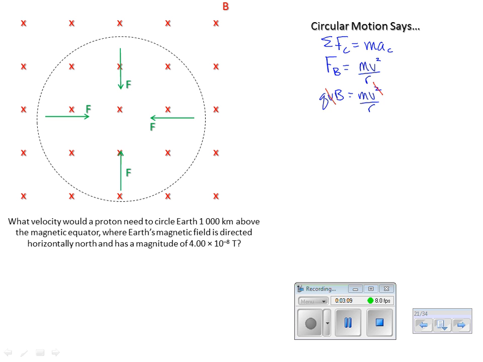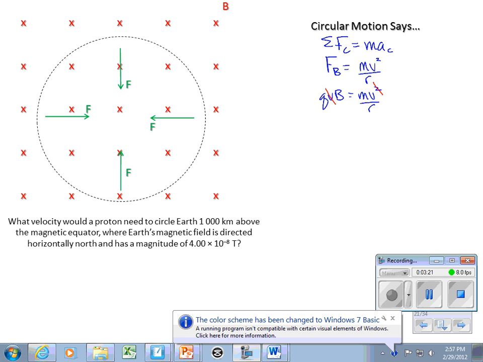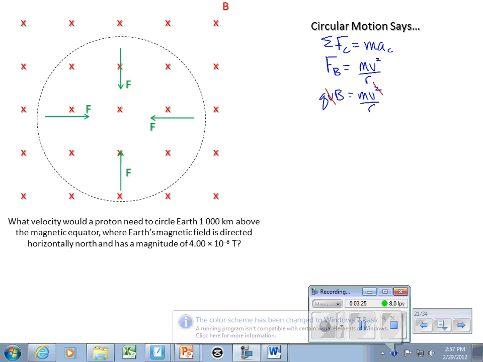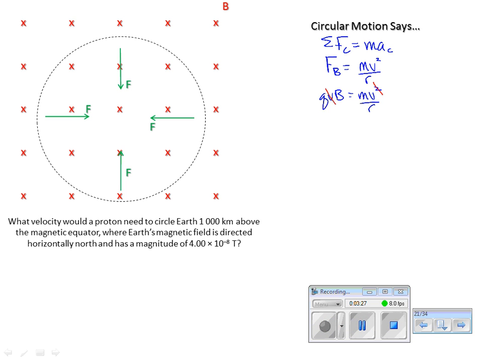So we need to know what speed a proton would need to circle Earth. Did we do this one? Yeah, we did actually in one of the previous sheets, but not the worst thing to go back over it. So I'm going to go right from here and say that qB is mv over r, and we want to know the speed.